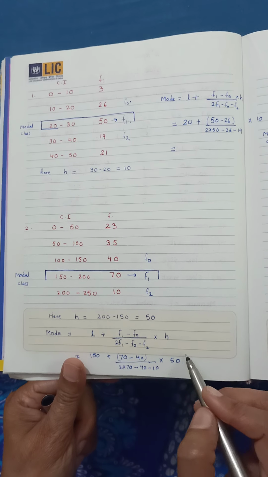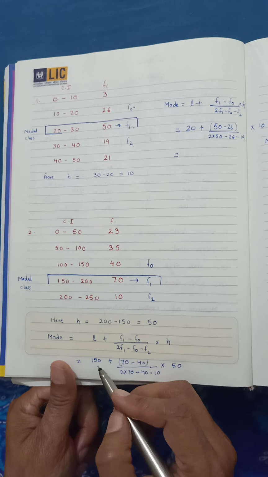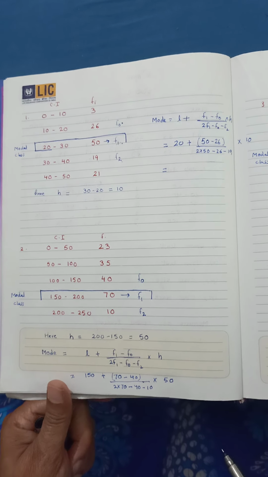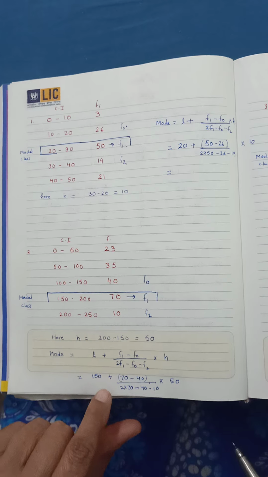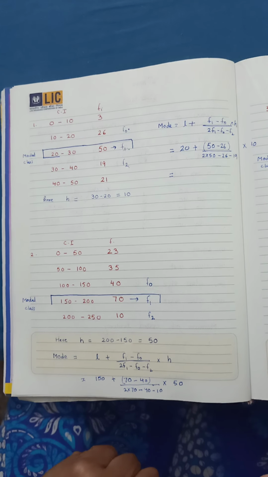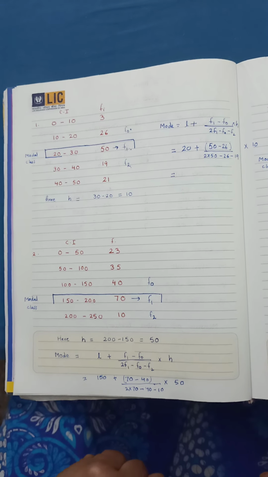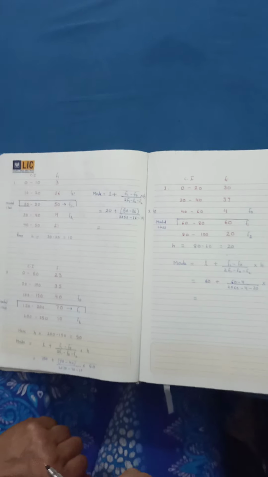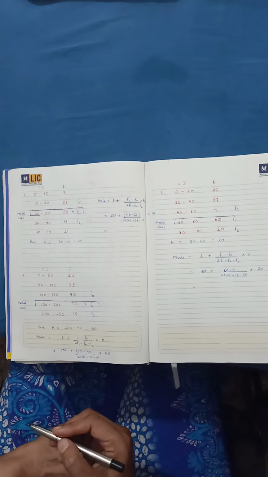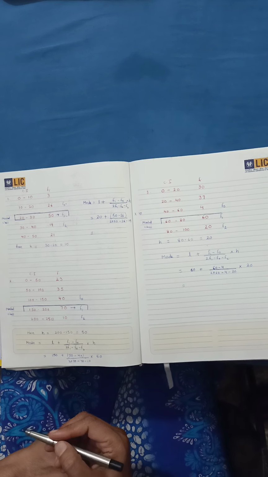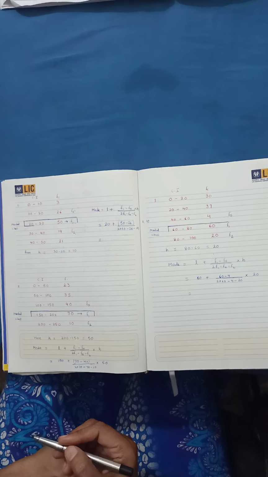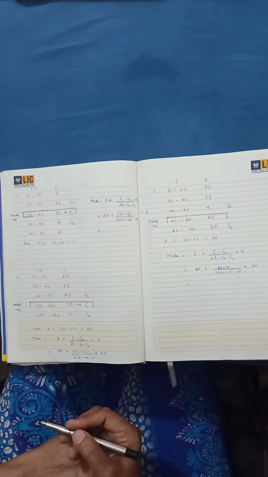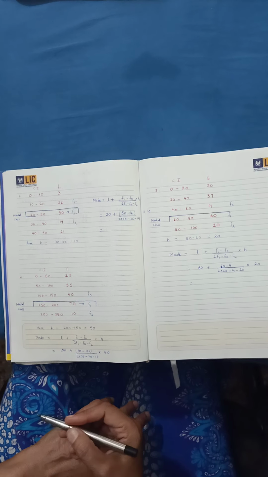Solve this part first and add 150. Whatever you get, you just add 150 and then whatever you get, that will be your mode value. So for these 3 questions, find out mode. I am giving you 15 minutes to solve it, and after 15 minutes we'll discuss the answer of these 3 questions. Thank you.